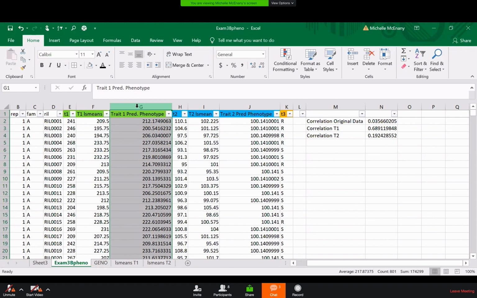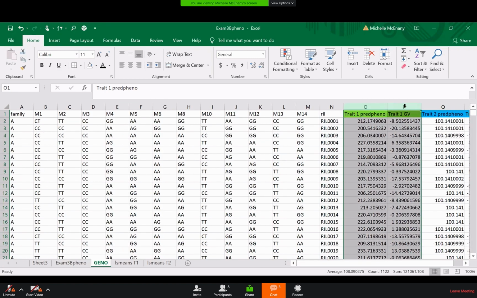Okay. I've got all that data that you're showing right there. Wait, no, predicted phenotype's not the GEBV. GEBV is what we get when you run through RR-BLUP, right? Because what you had, the predicted phenotype, is the LS means.